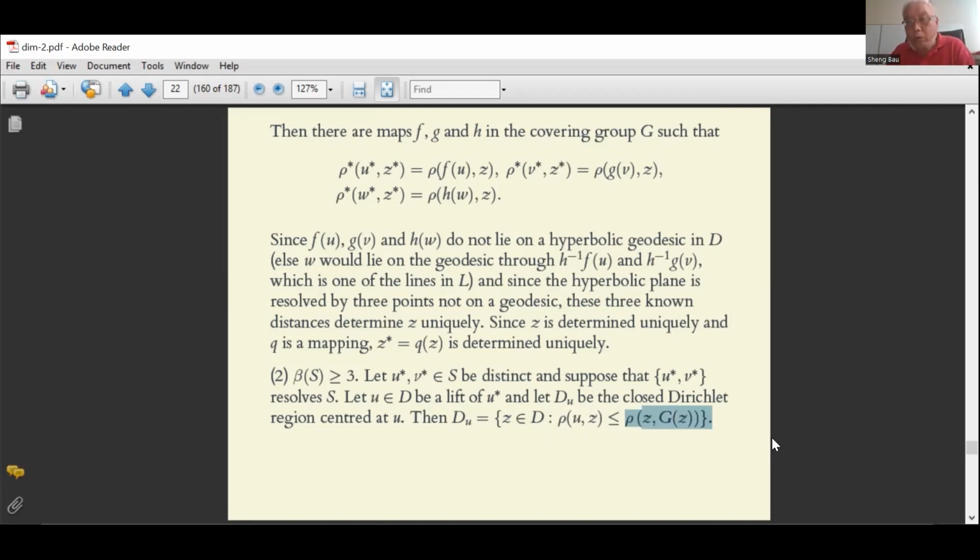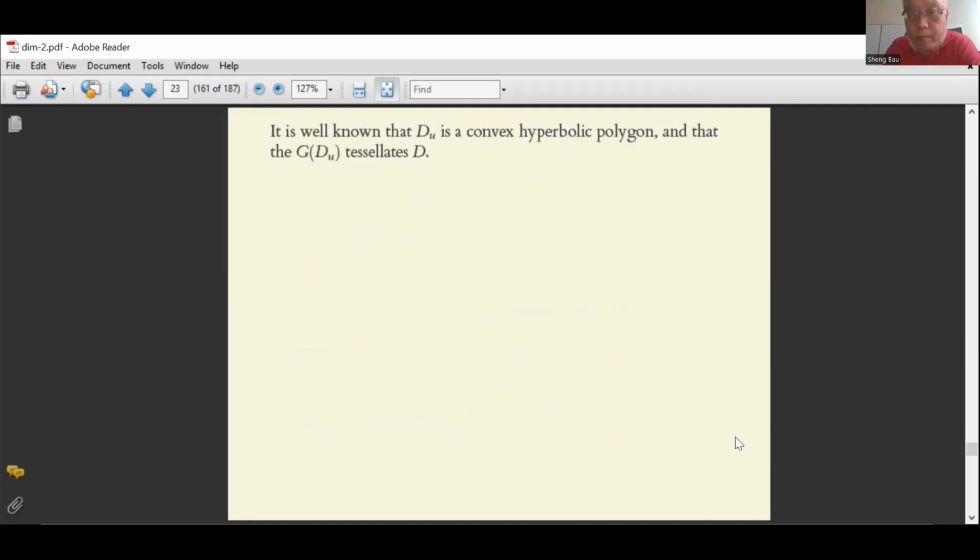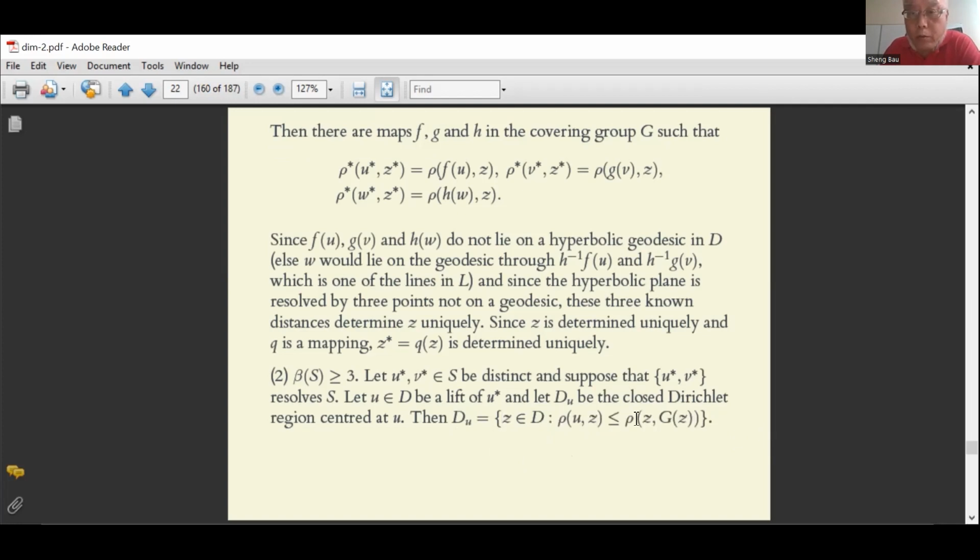G is the orbit of point Z under the action of the Fuchsian group G. So we're looking at actually an equivalence class here of Z. Oh, sorry, this is U here, sorry, this is a mistype. Distance from U to the equivalence class of Z, that is a set. It's a closed set.